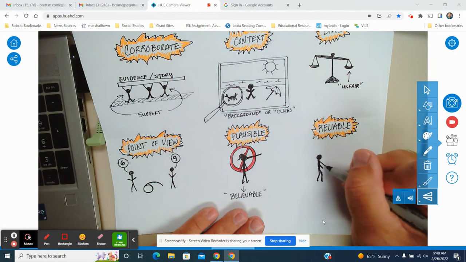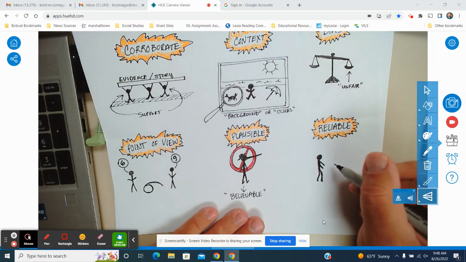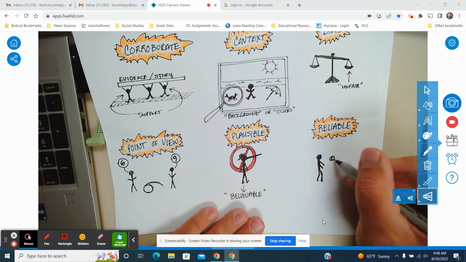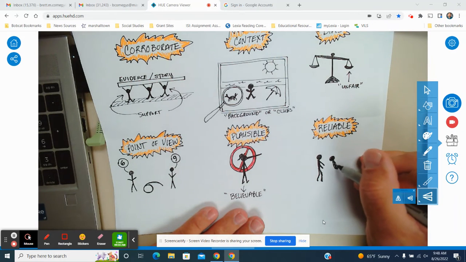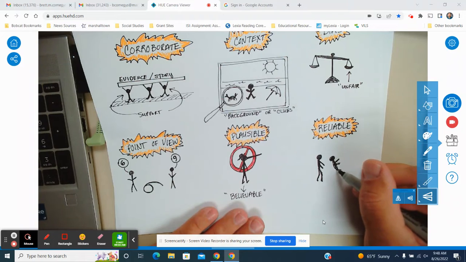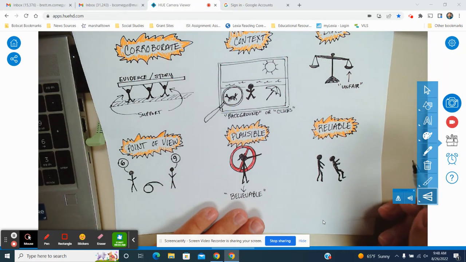But if you're standing back here behind somebody and your friend started to fall backward, would you be there to catch them?